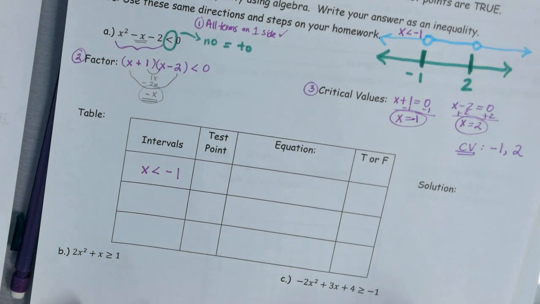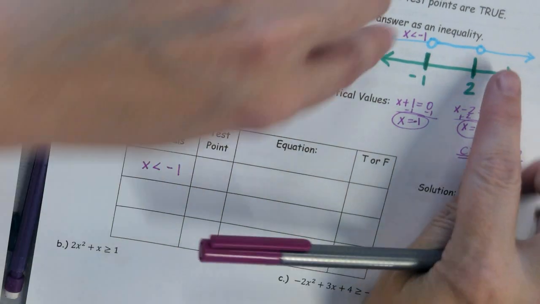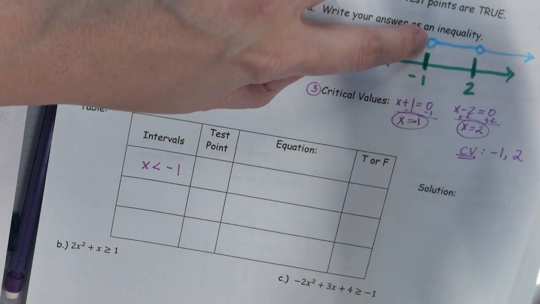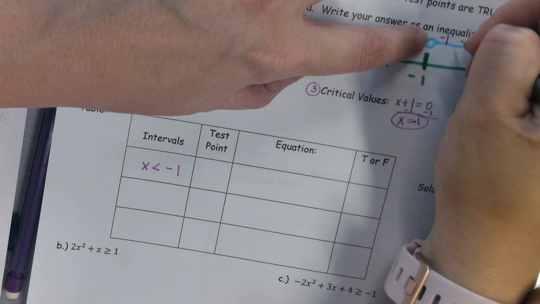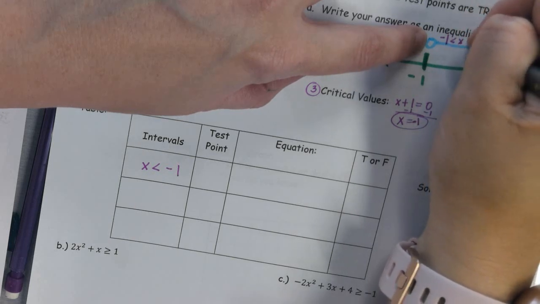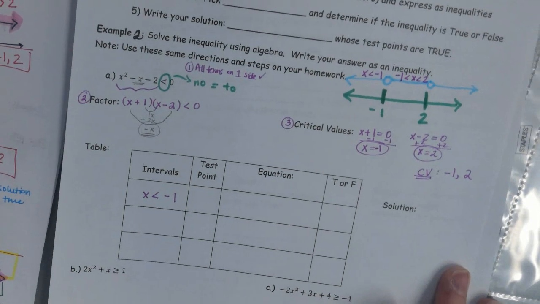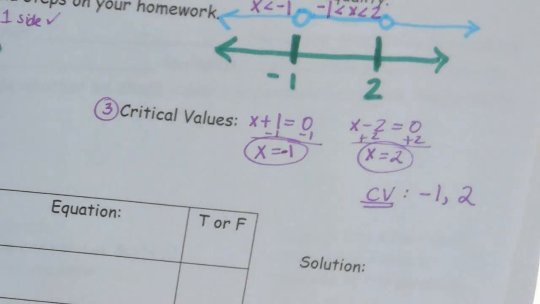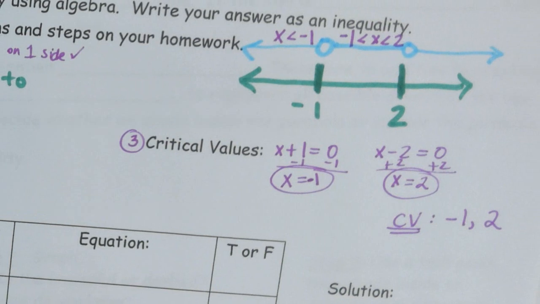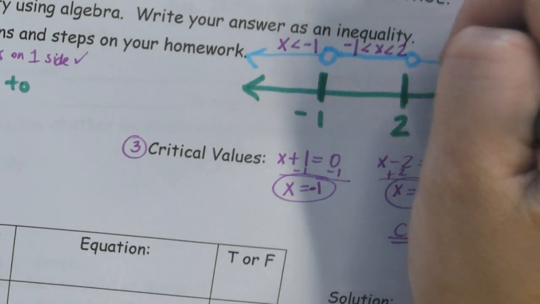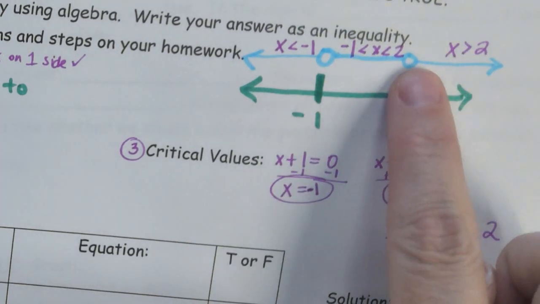The second interval is going to go from -1 to 2. These critical values are what splits it up. So this would be -1 is less than x, which is less than 2. And you guys think you can tell me what the last is? Yeah, x is greater than 2. Good, because it represents all the values that are 2 and larger.